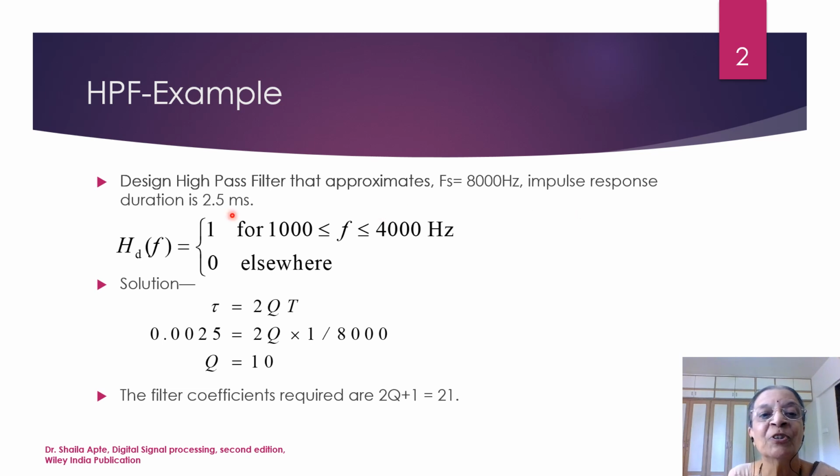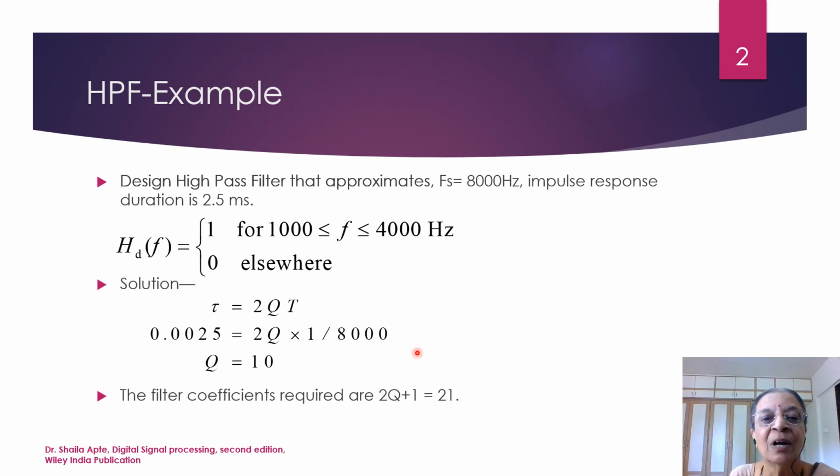The impulse response duration is given as 2.5 milliseconds. So how do you solve this particular problem? The duration of the response is 2q into T, where q is the number of filter coefficients that you want to design. The corresponding tau that is given is 2.5 milliseconds, so we substitute it in seconds. 2q into T, where T is 1 upon Fs.